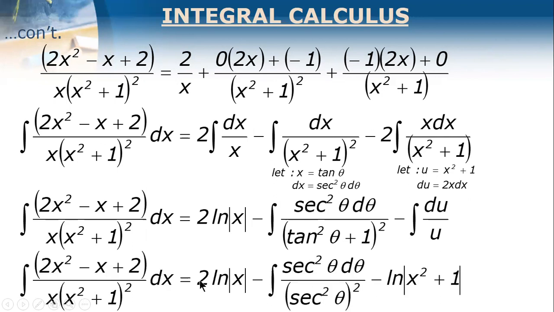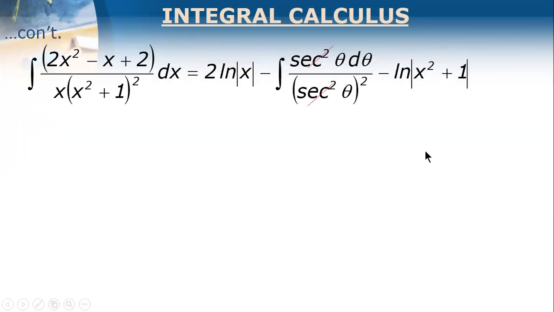So for the first and third term, settled. 2 ln x, and the third term is negative ln of u. Now, for the second term, we replace tangent squared theta plus 1 by secant squared theta. It's an identity. And so the secant squared theta cancels, so what remains in the second term is secant squared theta.